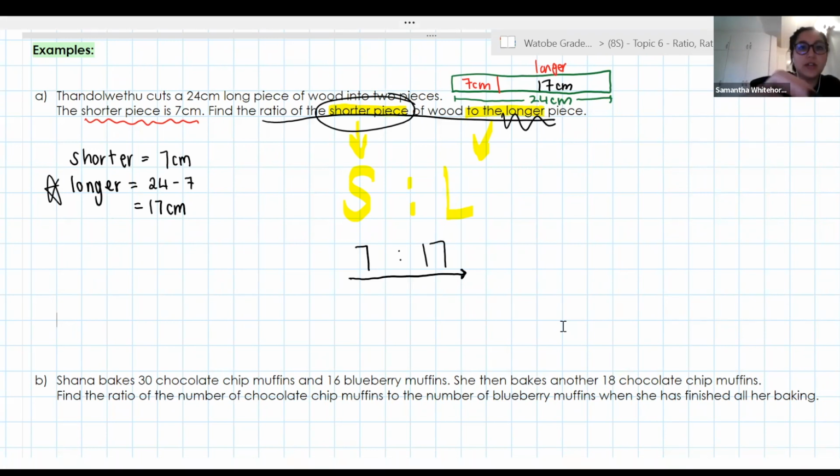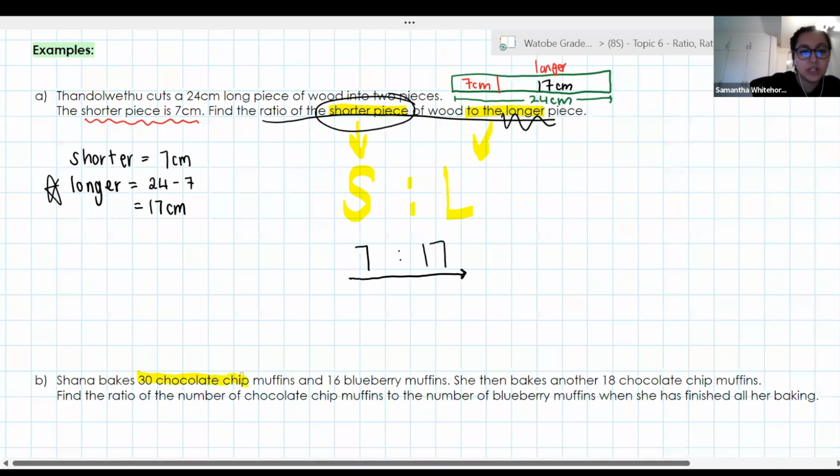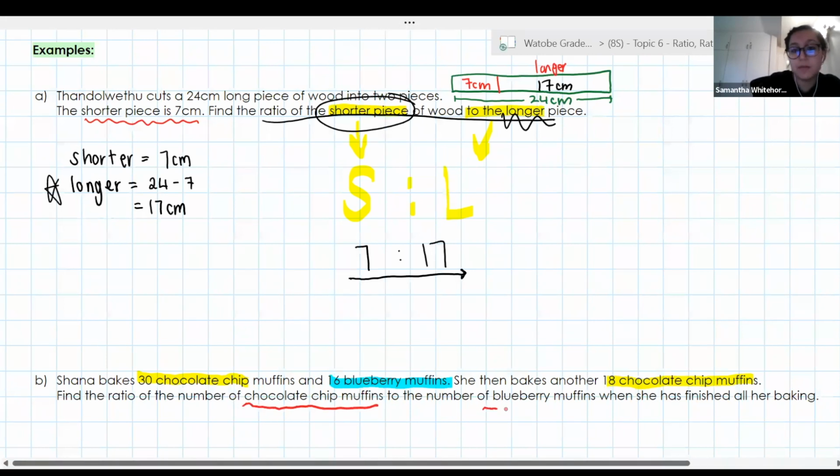So if we just quickly go to what we have here, we've got chocolate chip muffins and we have got blueberry muffins. Chocolate chip, she made 30 initially and then she made another 18. The blueberry, she only made that initial 16 and that was it. I am asking you to find the ratio of the number of chocolate chip muffins to the number of blueberry muffins when she had finished all of her baking.